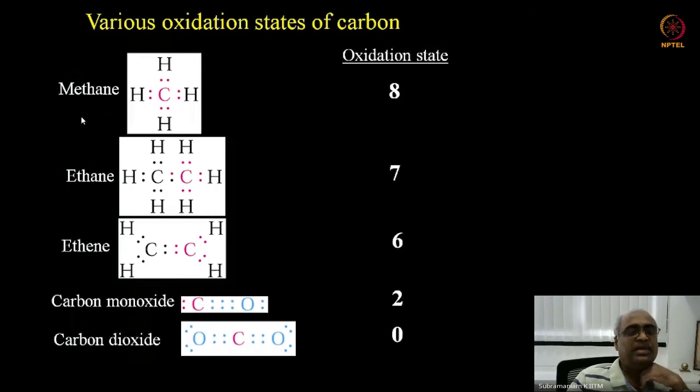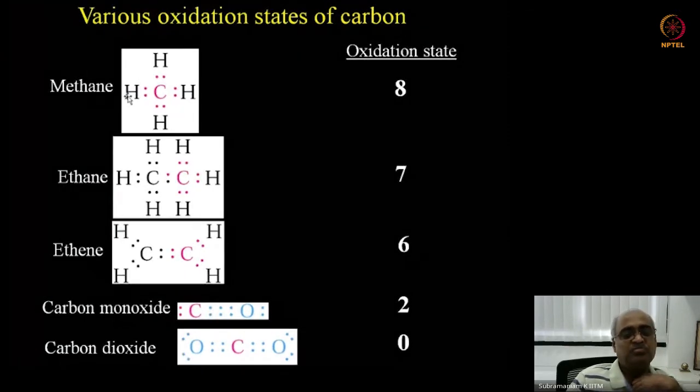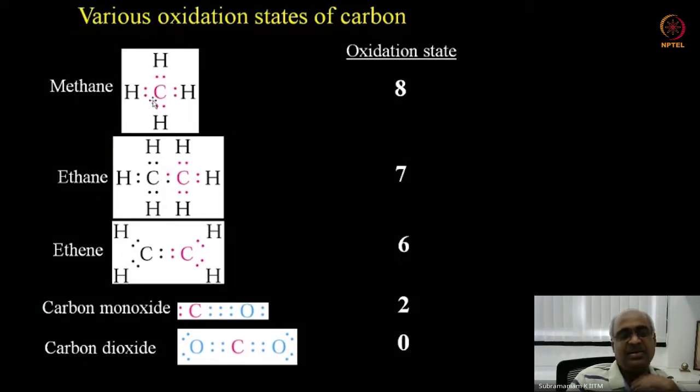Take methane, for example. In methane, carbon is more electronegative than hydrogen. Therefore, carbon has more claim on the paired electrons. And this is the highly reduced state of carbon, which we call oxidation state minus 4. It is primarily counting the number of electrons that are bonded with the other atoms.